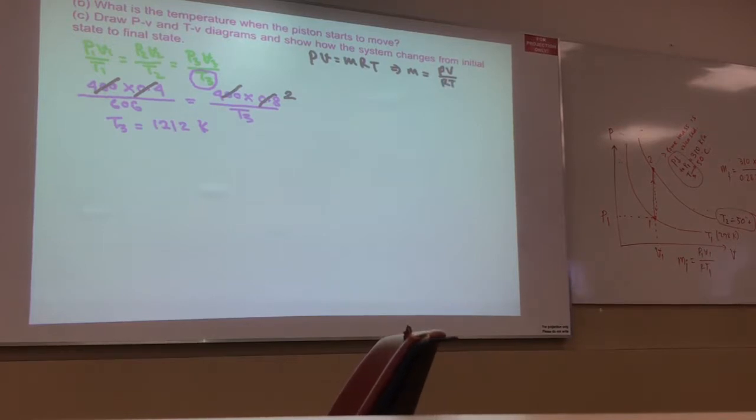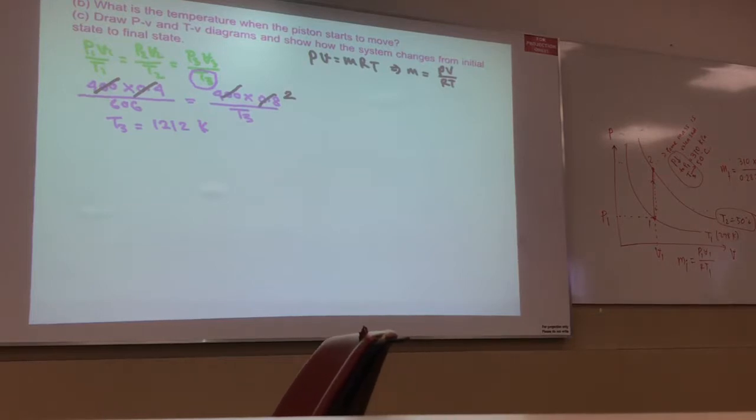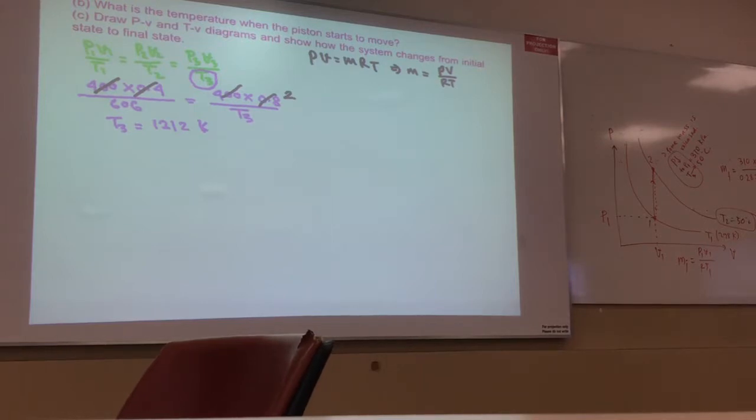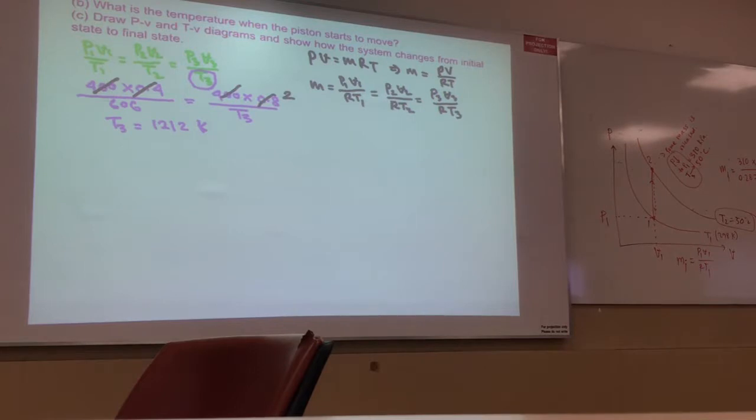Correct. Then can I write this way? Because this is the same system, same mass. Mass is fixed. So can I write this way? m becomes P1 V1 by RT1, P2 V2 by RT2, P3 V3 by RT3, and from here I can write, right?